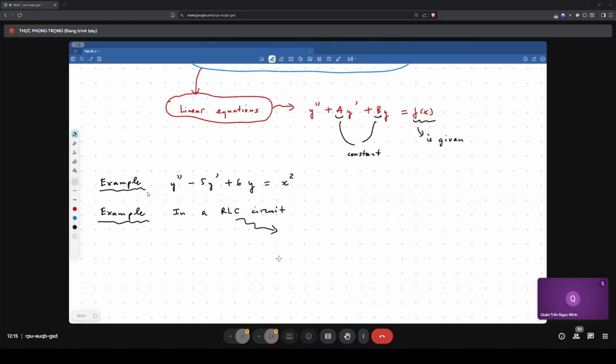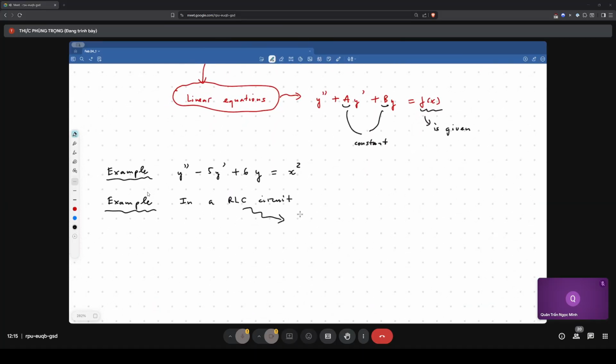You may know that you get a linear second order differential equation with some voltage right here. Let's say cosine of, let's say something.